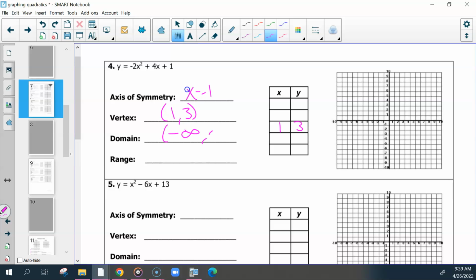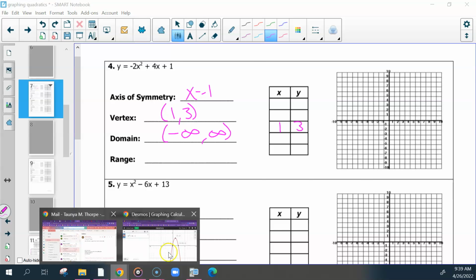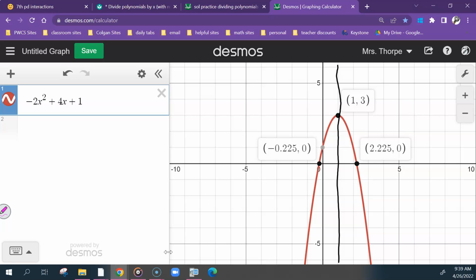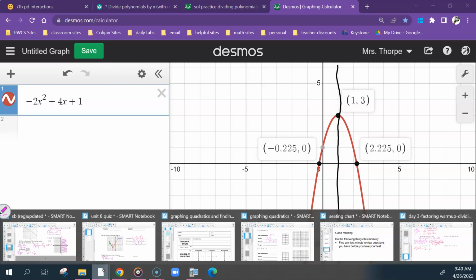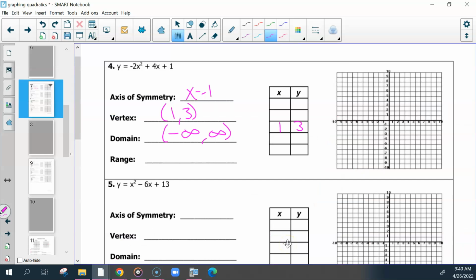The name would not change. Looking at this, what would our range be? y is less than or equal to 3. And you can write the roots that they had as decimals.